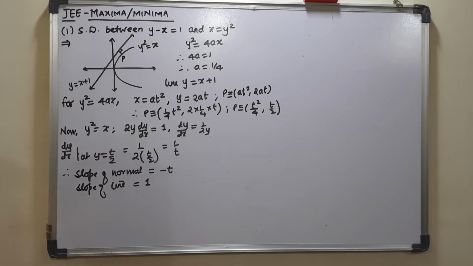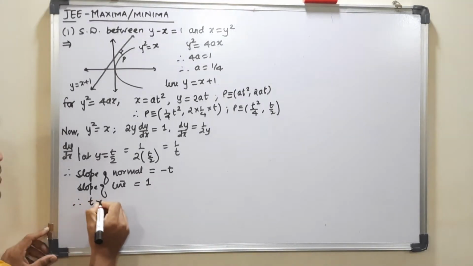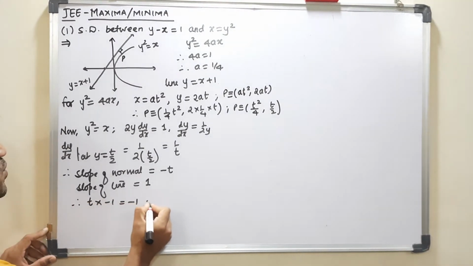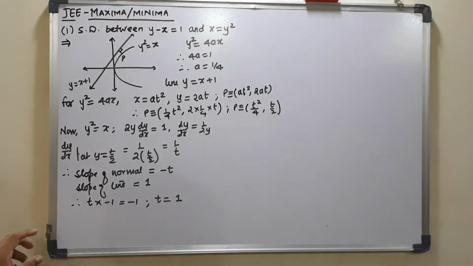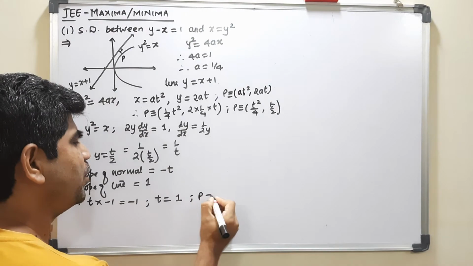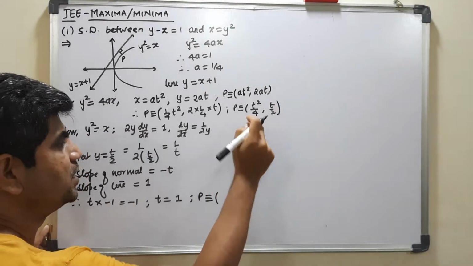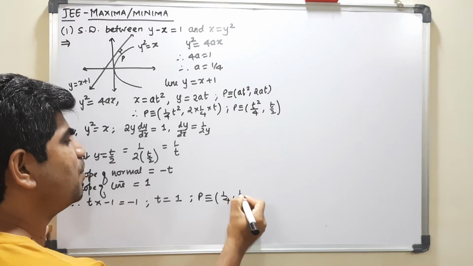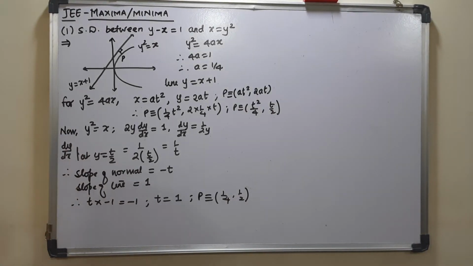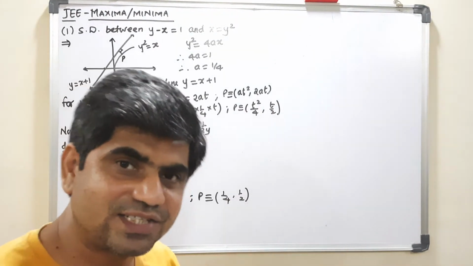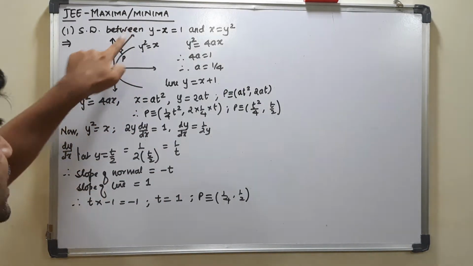So therefore I know product of slope is equal to -1, indicating t is equal to 1. If t is equal to 1, indicates your point P is now here, that is 1 by 4 comma 1 by 2. Right.